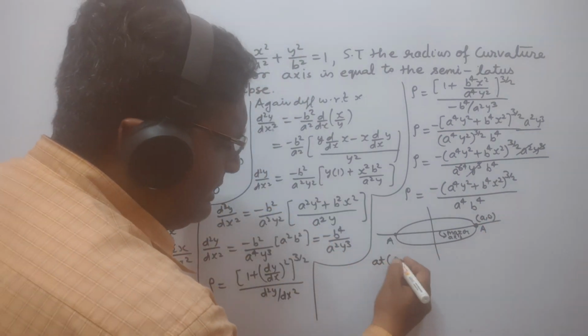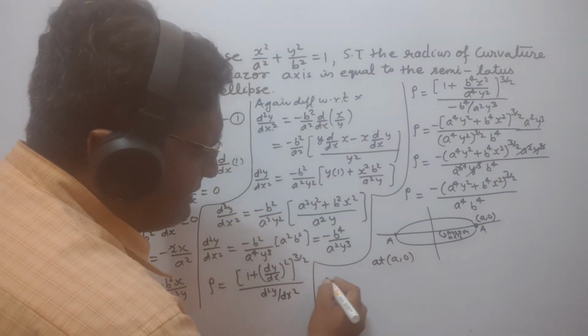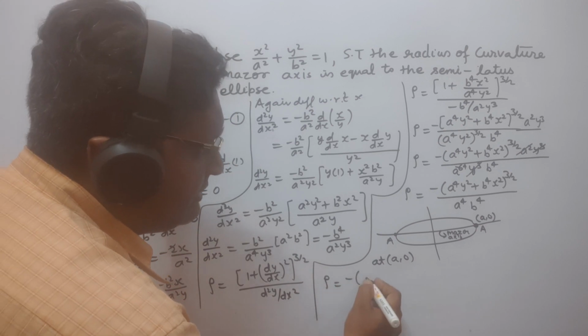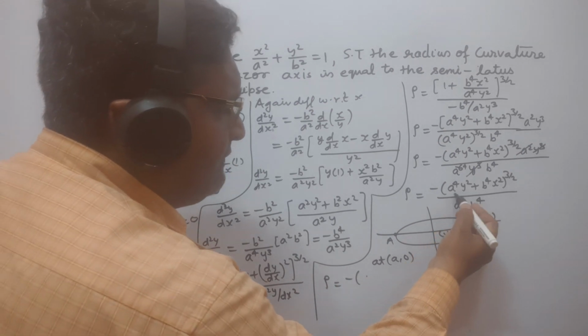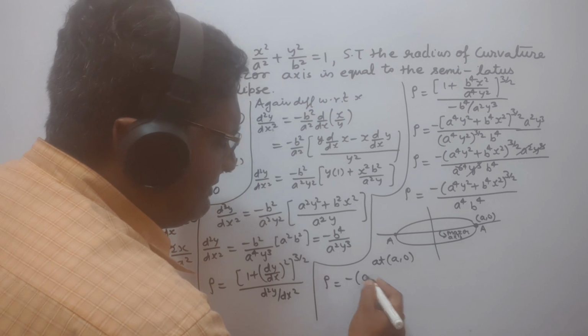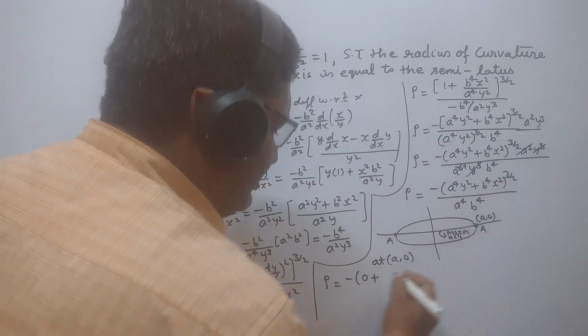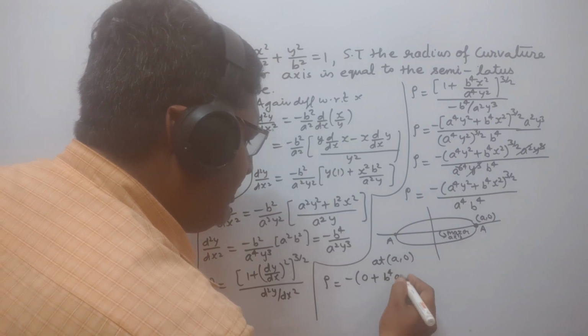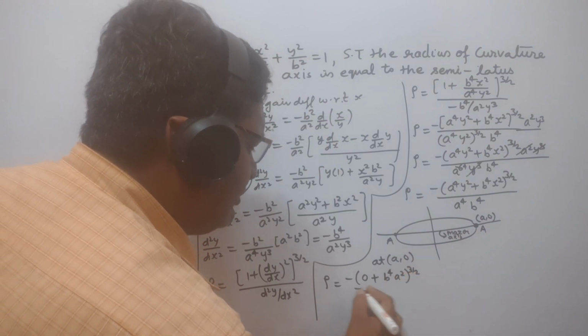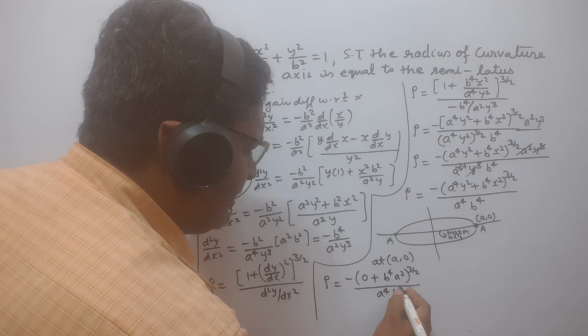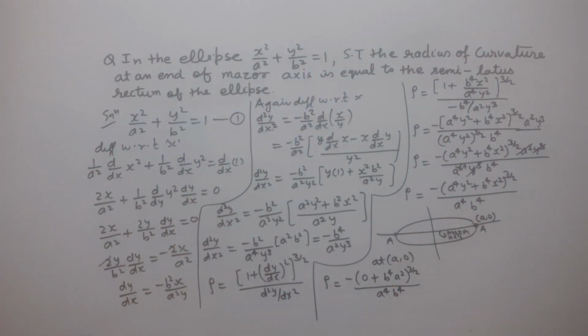So at a comma 0 radius of curvature is minus, here we put the value of y that is 0 so this term will be 0, and here we put the value of x that is a, so this is b to the power 4 a square whole power 3 by 2 divided by a to the power 4 b to the power 4.